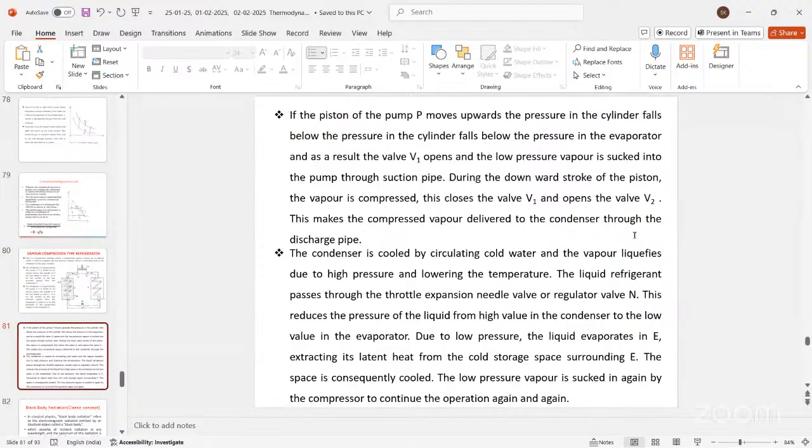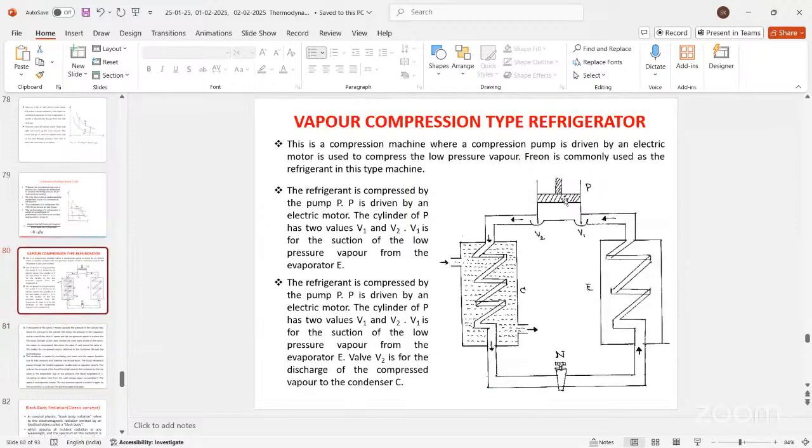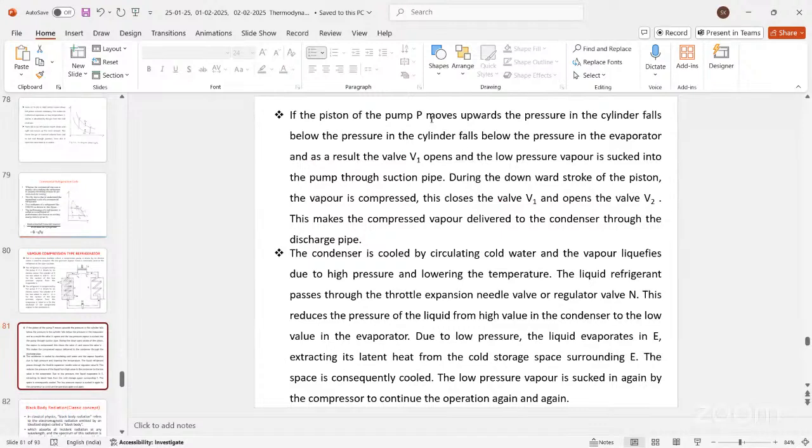From this figure, if the piston of the pump P moves upward, the pressure in the cylinder falls below the pressure in the vapor, and as a result the valve V1 opens and the low pressure vapor is sucked into the pump through the suction pipe.